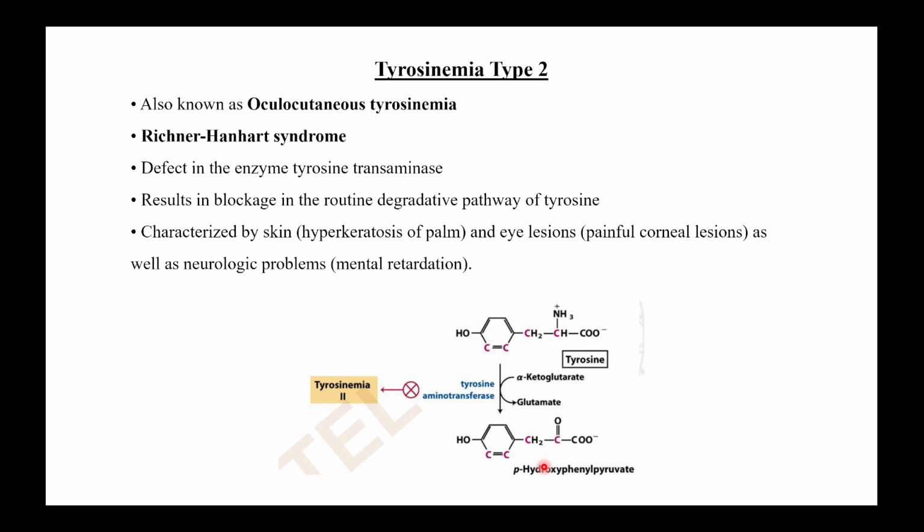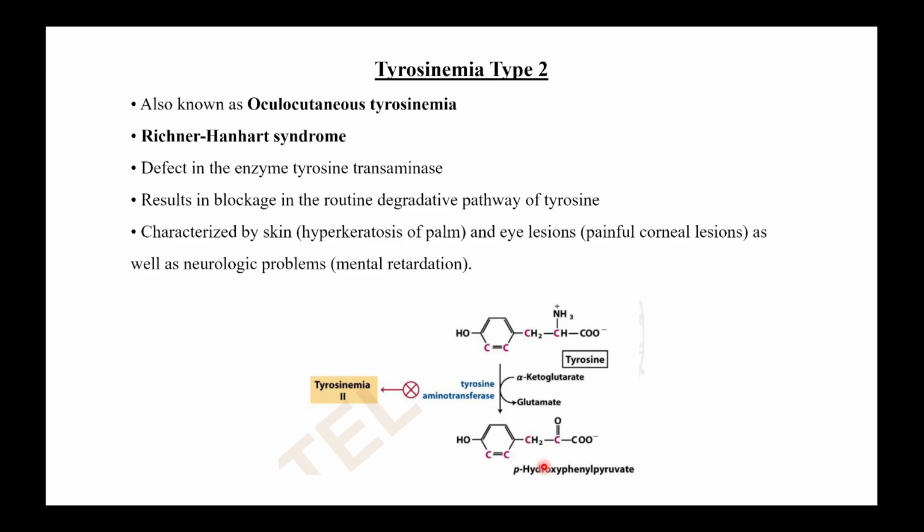So alpha ketoglutarate converts into glutamate and tyrosine converts into para-hydroxyphenyl pyruvate. This reaction is catalyzed by tyrosine aminotransferase or tyrosine transaminase.